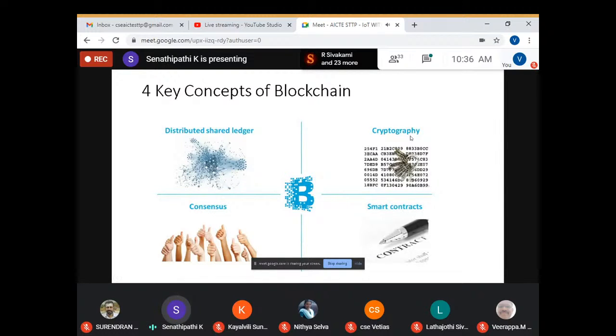It applies a hashing mechanism to protect the block value or the information, and it requires consensus from all the nodes in order to confirm and validate the transaction. Smart contracts will be dealt with by Dr. D. Surendran, who will explain what smart contracts are all about.